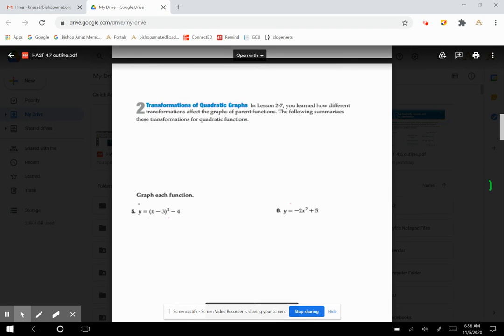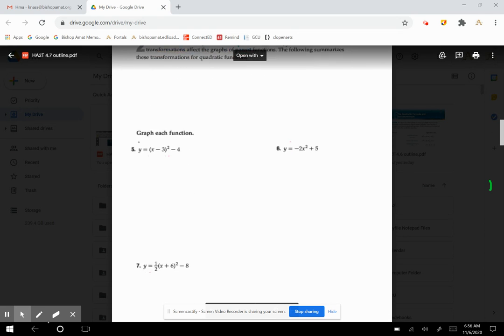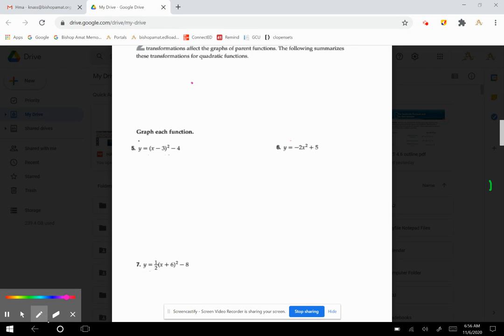Okay, let's move on from here. Let's look at these. They want you to graph these. Now remember, we've already graphed something like this, but let's take a little refresher. We have y equals a(x minus h) squared plus k. If a is greater than 0, your U is going up.